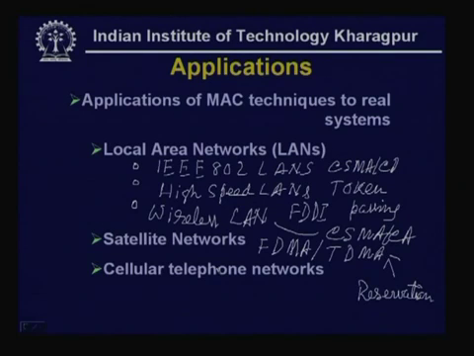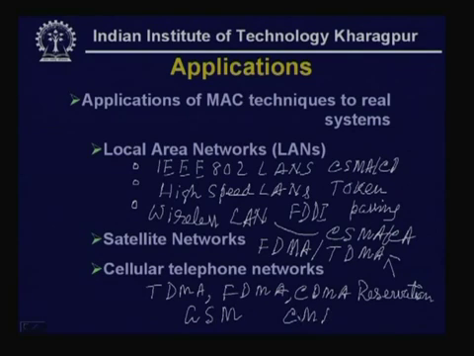And finally we shall consider another lecture on the cellular telephone network, where time division multiplexing, frequency division multiplexing and code division multiplexing are used, as we shall see in different standards like GSM and CDMA, where this channelization approach of medium access control technique is used.